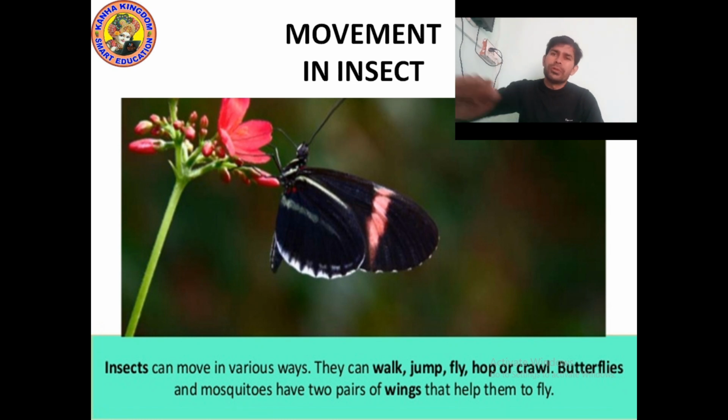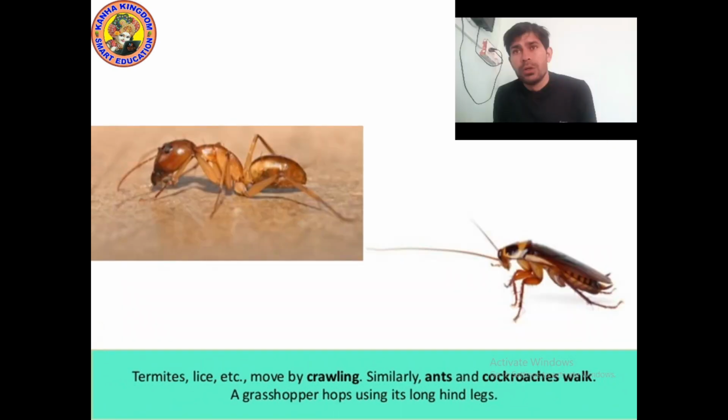Now let's move to the next point. Kids, you can see the picture of an ant, a cockroach, and also lice and termites. How does lice move? Lice move by crawling. Ants and cockroaches have feet, so they can walk.